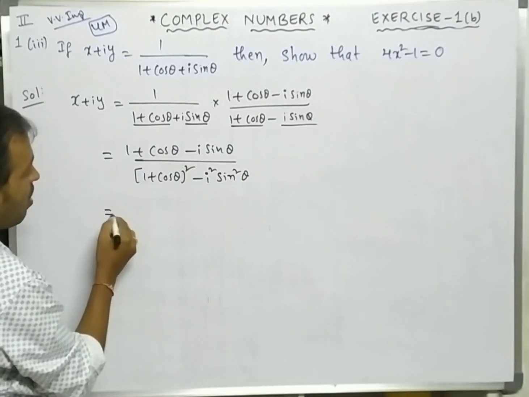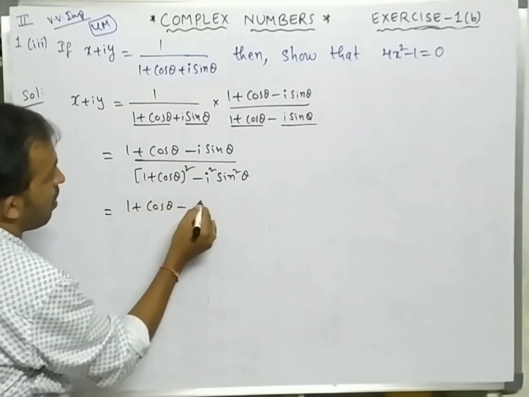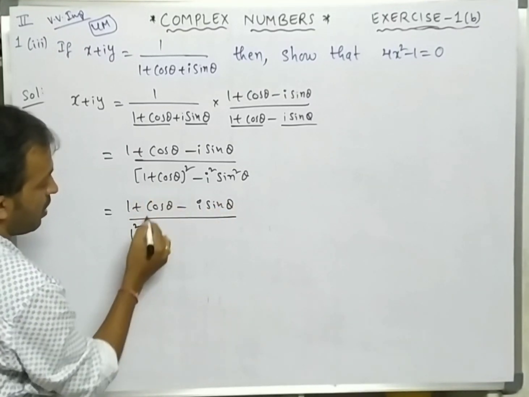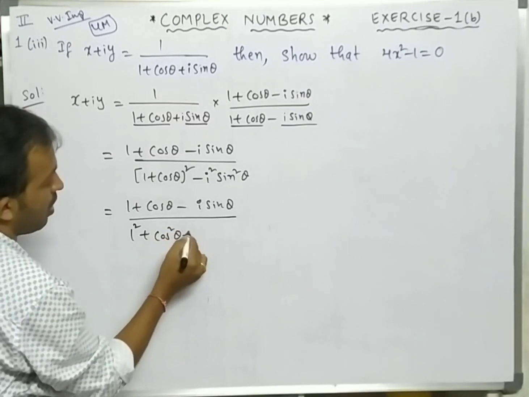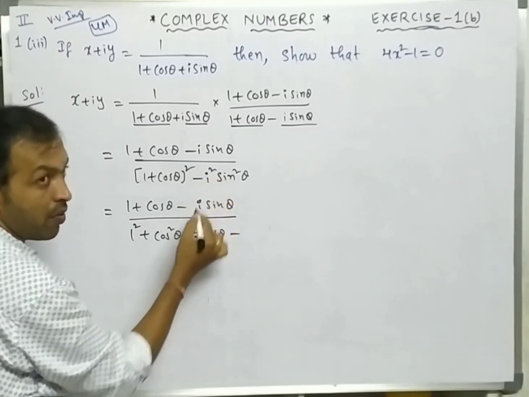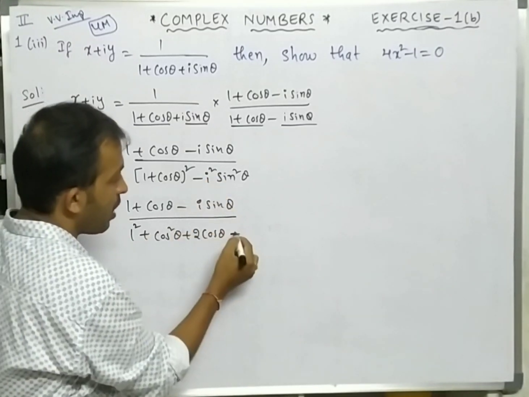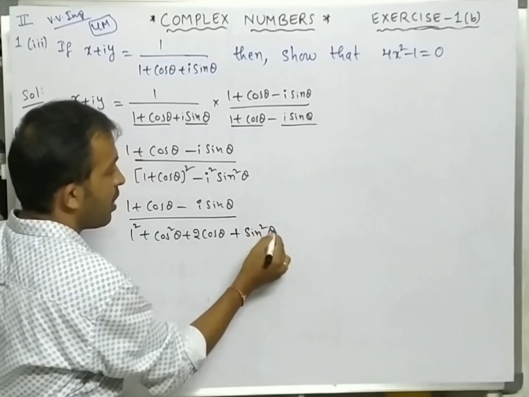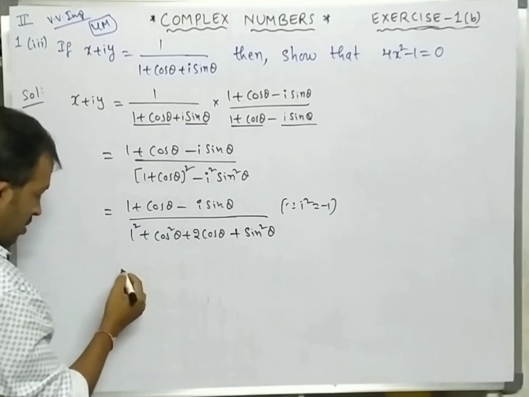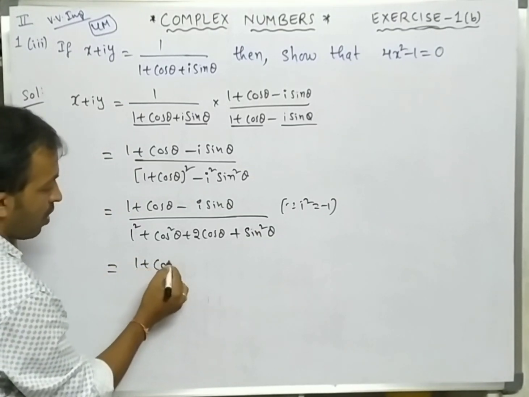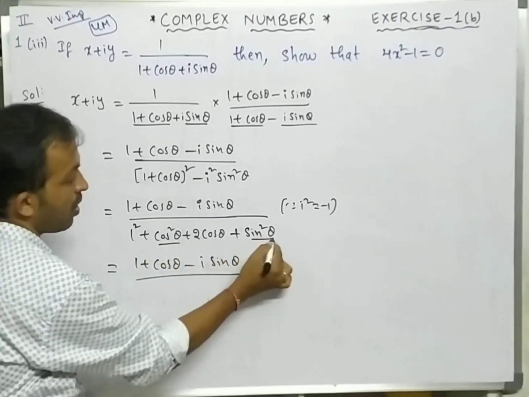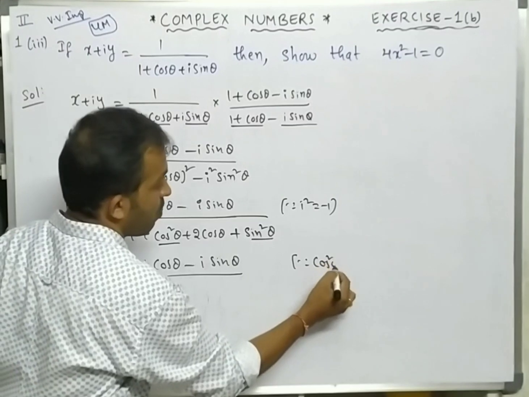Okay, now 1 plus cos theta minus i sin theta by, this is expanded, 1 plus cos square theta plus 2 cos theta, (a + b) whole square, right? Minus i square, the value of i square is minus 1, minus into minus gives plus sin square theta, since i square is equal to minus 1. Okay, now 1 plus cos theta minus i sin theta by, here cos square theta plus sin square theta is equal to 1, right?